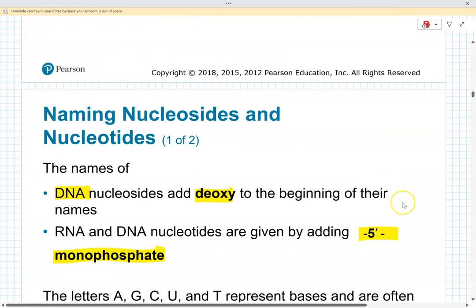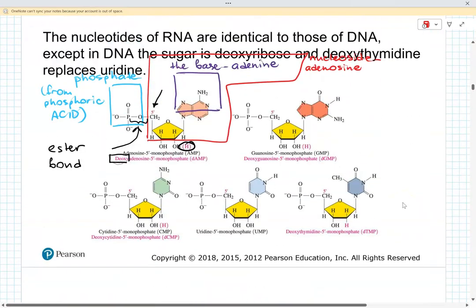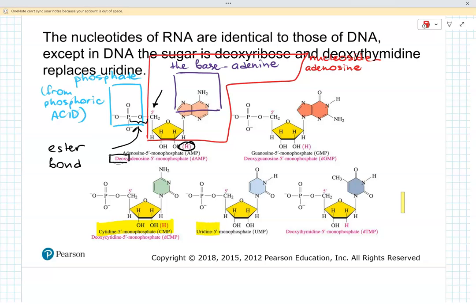Now, I want to scroll back. And I want you to take a look at, well, all of them, really. If you take two nucleotides, let's say you take this and this, cytidine 5' monophosphate and uridine 5' monophosphate.